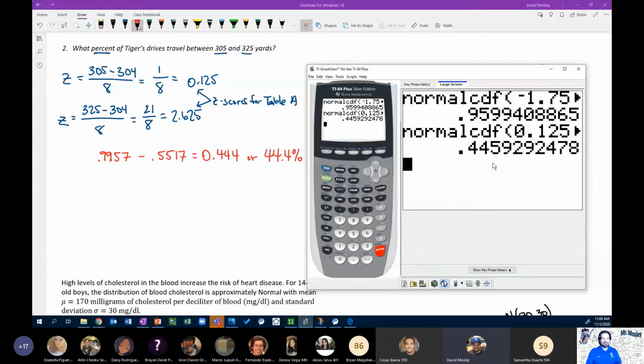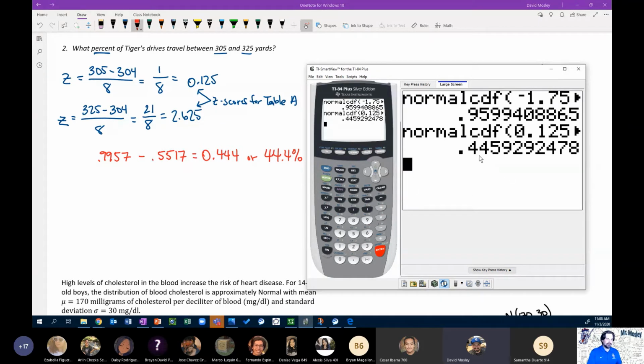And this is due to the rounding that we had to use to use table A. There's a slight bit of rounding error that happens. It doesn't mean that what we did is incorrect. We used the table. We got our values. We would have gotten a slightly different value if we used the 0.12 or the 2.62, but we had to make that choice of which way to round.